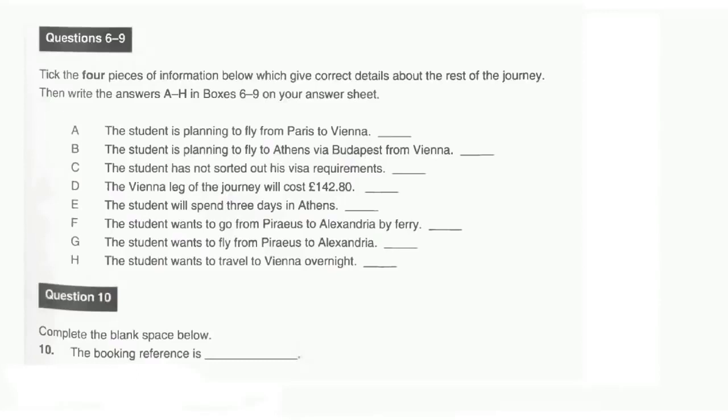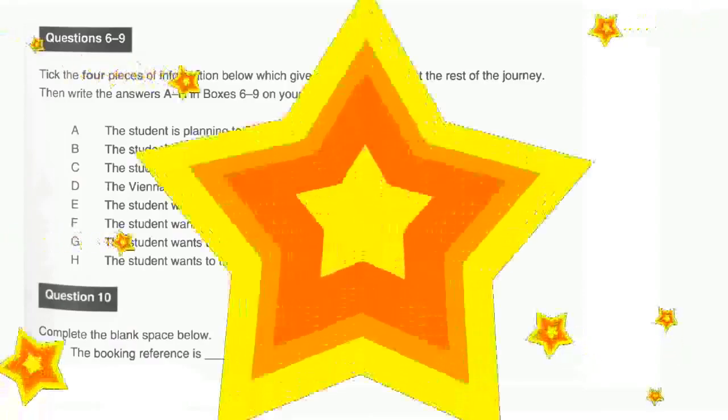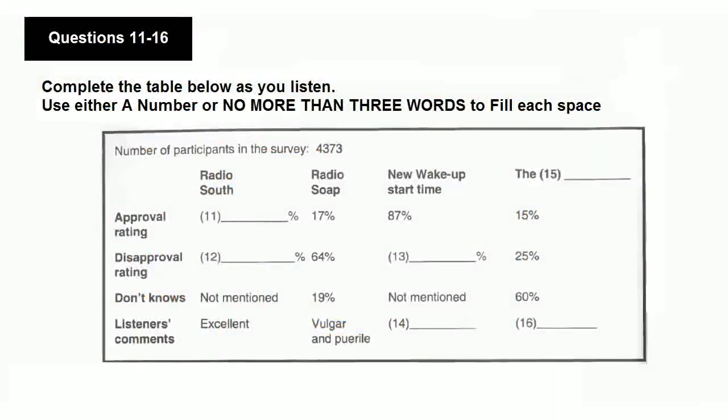That is the end of section 1. You now have half a minute to check your answers. Section 2. You're going to hear a radio broadcast called Postbag. First, look at questions 11 to 16.